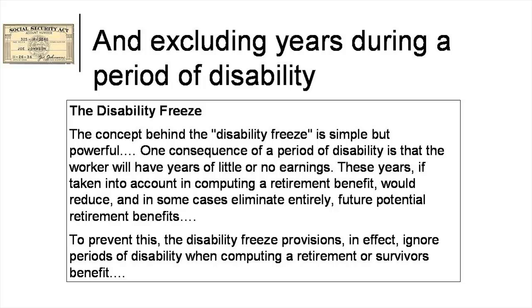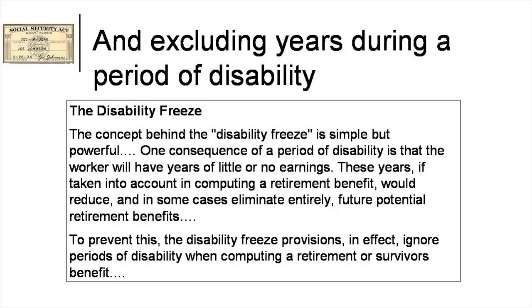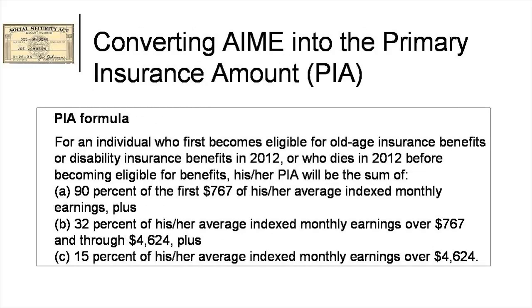If there's a period of disability, the so-called disability freeze will also remove it from the calculation. On the other hand, individuals with fewer years of covered earnings than called for by the AIME formula will have an average reduced by the resulting number of zeros.